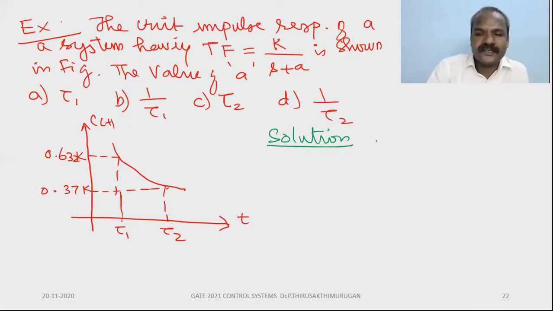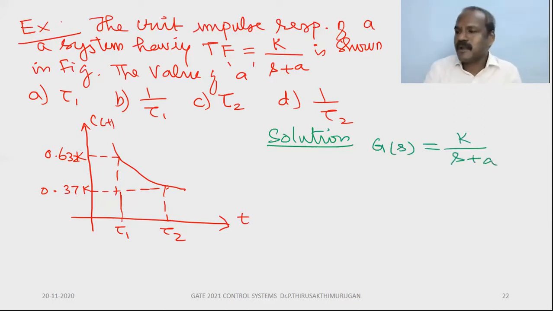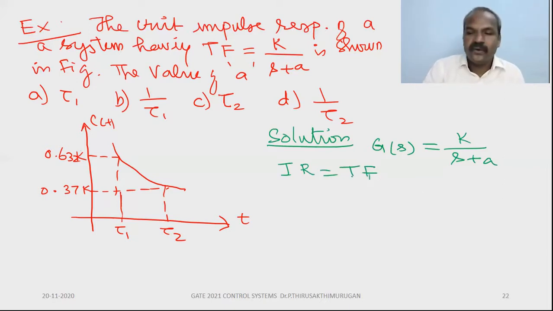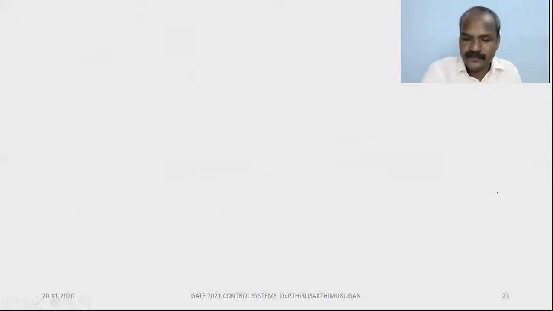The transfer function G of s equals k by s plus a. The unit impulse response is nothing but the transfer function. So what is c of t? From the transfer function we can easily find c of t. c of t is k into e power minus at.